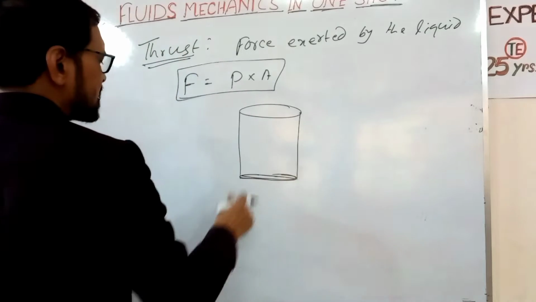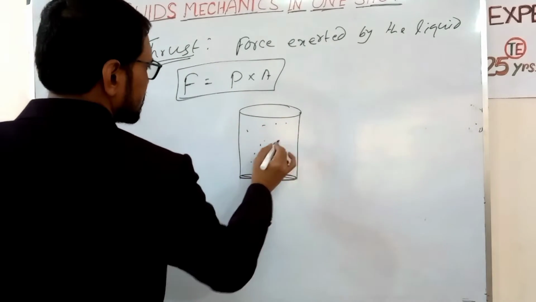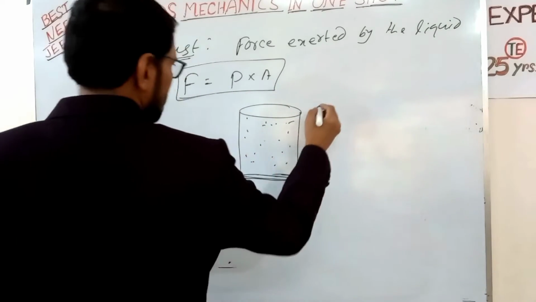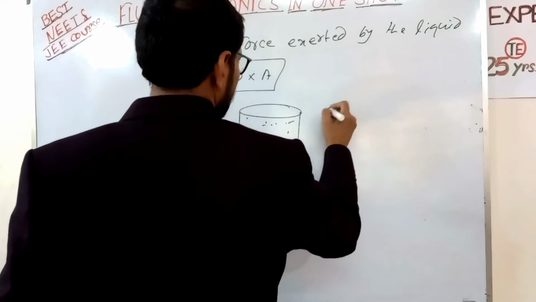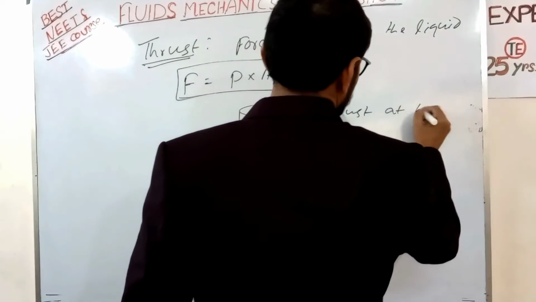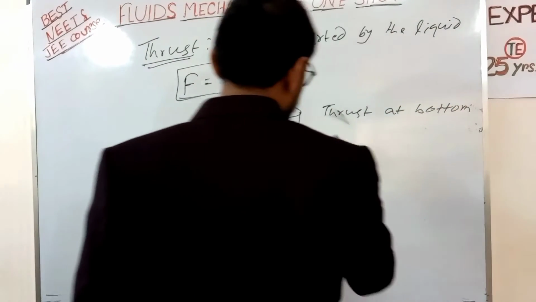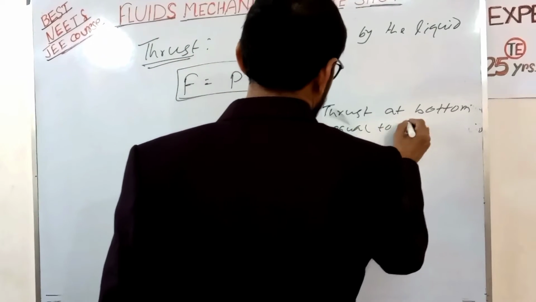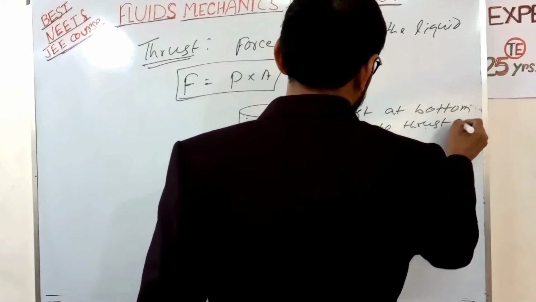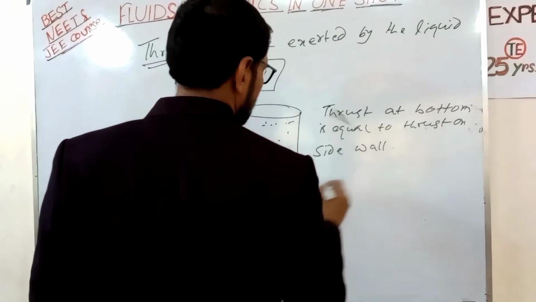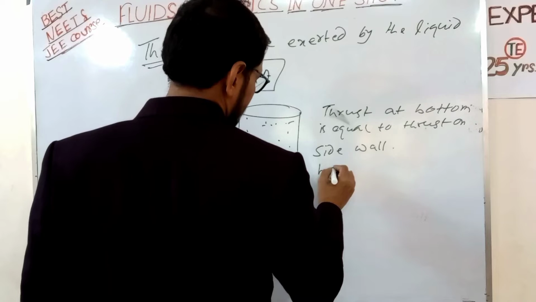Now suppose this is a cylindrical container and liquid is contained within it. If thrust at the bottom is equal to thrust on the side wall, what is the relation between h and r? Here h is the height and r is the radius of the cylinder. Option 1: h greater than r.